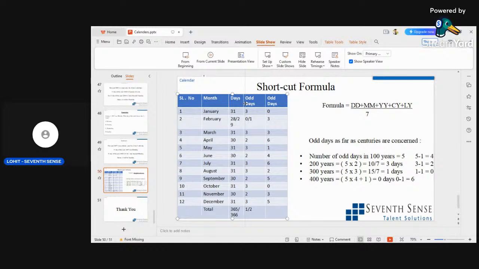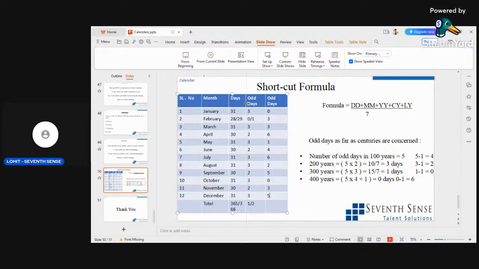Just a moment. Because of this, there are some disturbances. Okay. Now I got it. Okay, so this will be your code for shortcut one.